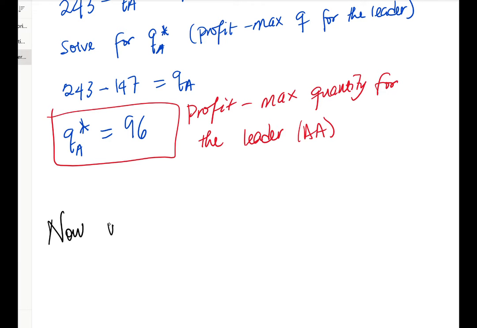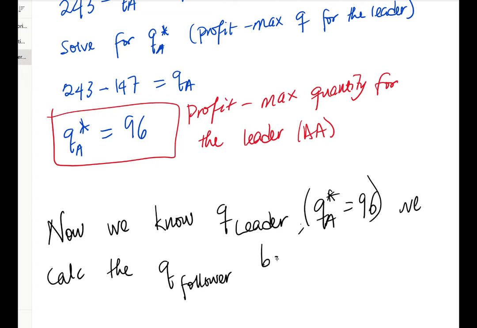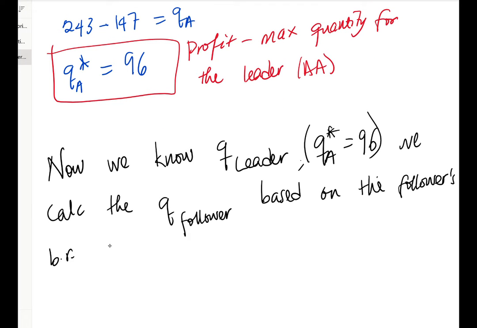Now we know Q for the leader, QA, is equal to 96. We can calculate the Q for the follower based on the follower's best response function.